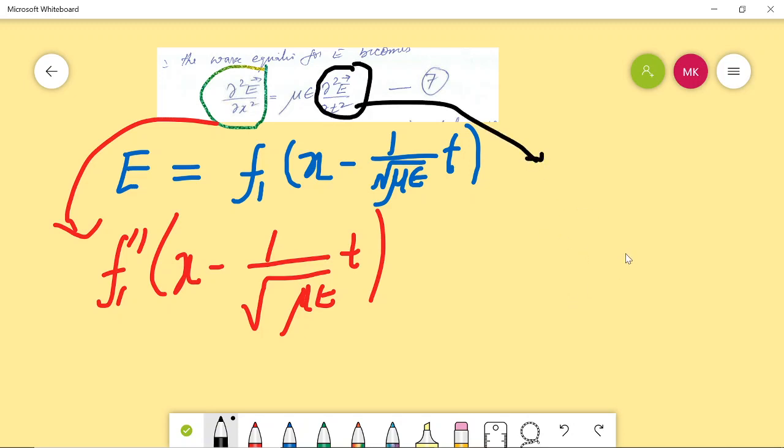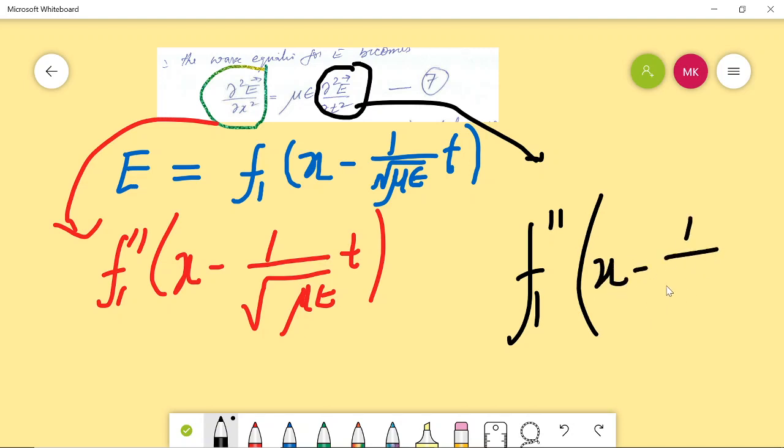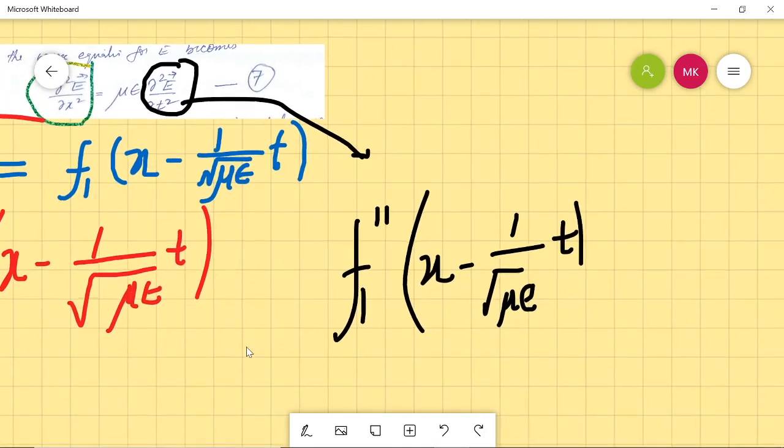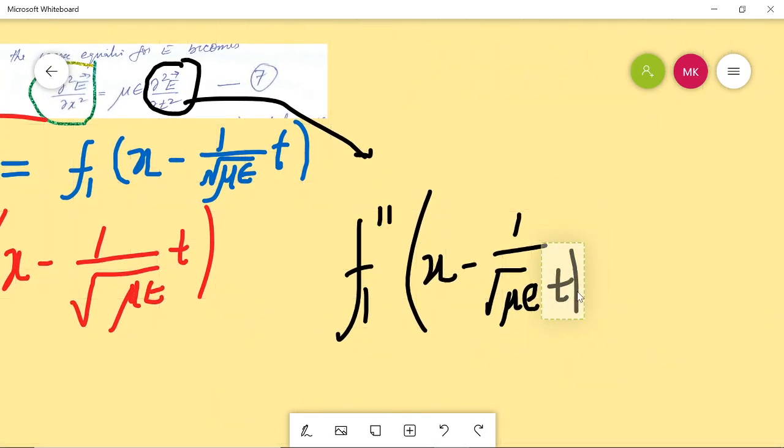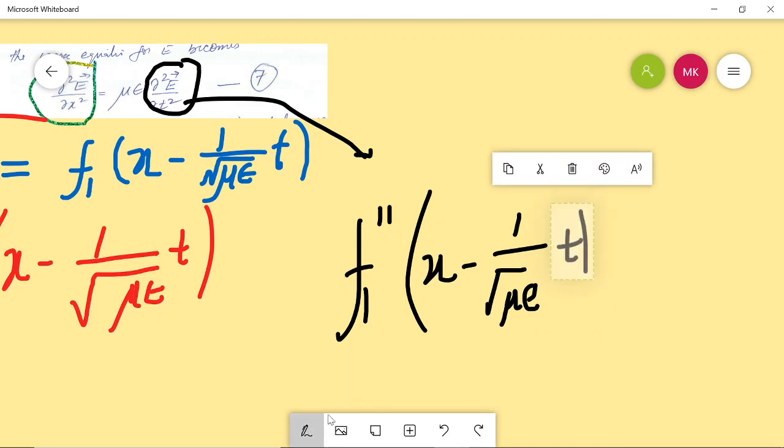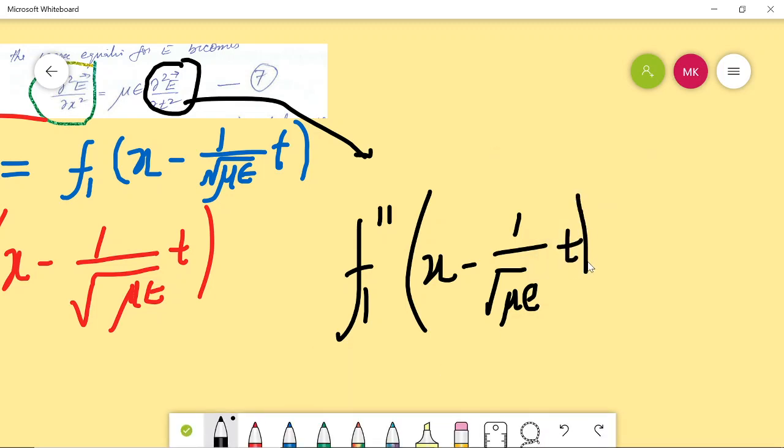However, when you take the derivative with respect to t, you get f1 double derivative, and using the chain rule you have to differentiate the argument twice.